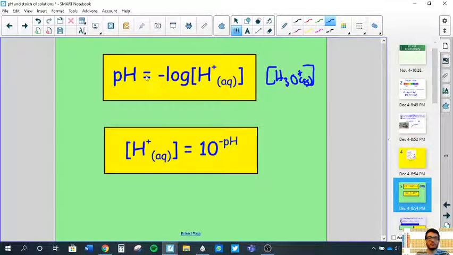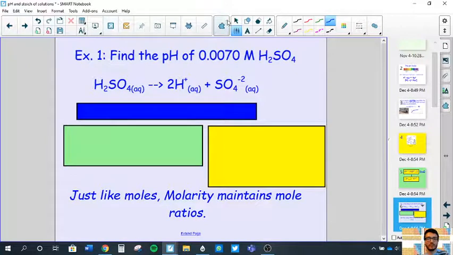Now you can manipulate this formula and you would get this next one. So if you have the pH value of a solution, you can then do the opposite. You can figure out what the concentration of hydrogen ions is by just putting it to a base 10 as an exponent of the negative pH. It'll make more sense with some examples.